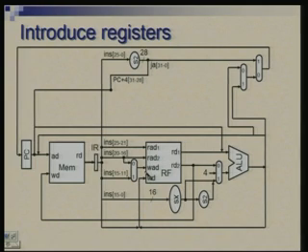So, we place one register here, we call it IR or the instruction register. One register we place here, we call it DR or the data register. Both are carrying information brought from the memory. Then the A register holds the first operand and the B register holds the second operand, which come out of the register file.